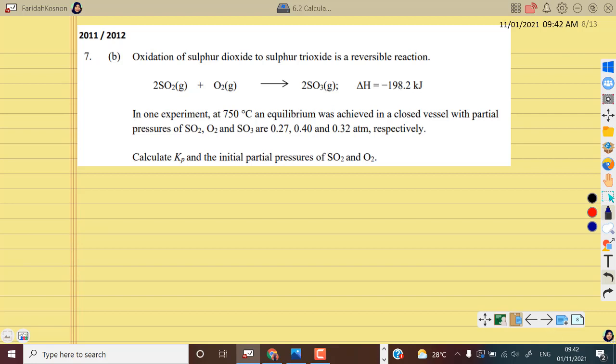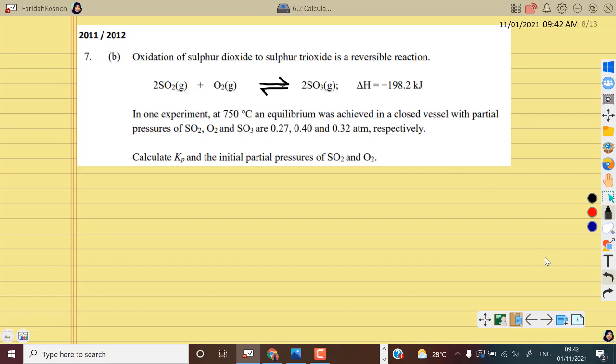Okay, so this one is one of the past year's question daripada chapter 6. Okay, saya share daripada sini untuk membantu pelajar untuk fahamlah contoh. Okay, so this is the question. Oxidation of sulfur dioxide to sulfur trioxide is a reversible reaction. Okay, so kalau reversible reaction maksudnya arrow kat sini mesti reversible lah ya.